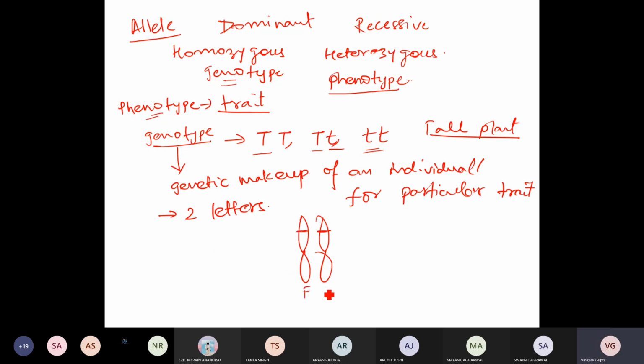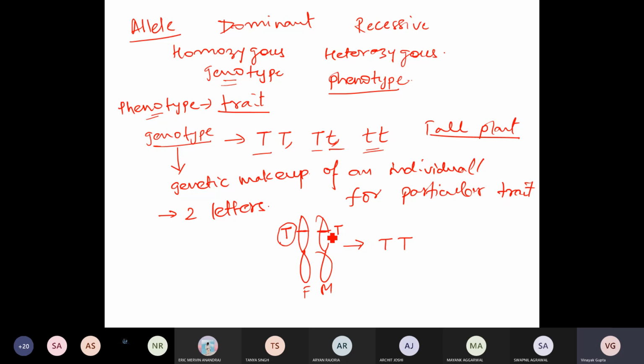This is the chromosome from the father, this is the chromosome from the mother. At this particular position, we have the gene which is responsible for height. From the father you have the gene which is responsible for tall height, and from the mother you also got the gene for tall height. So you will say that the genotype of this person is capital T, capital T. This is how the genotype is determined at this particular locus.